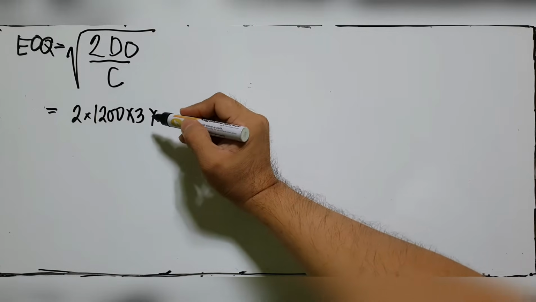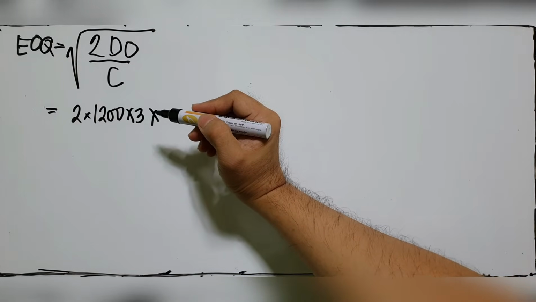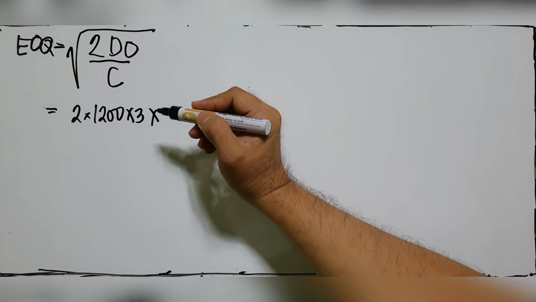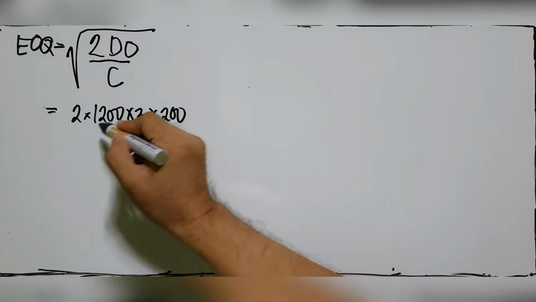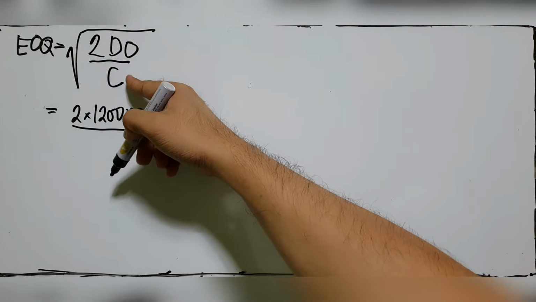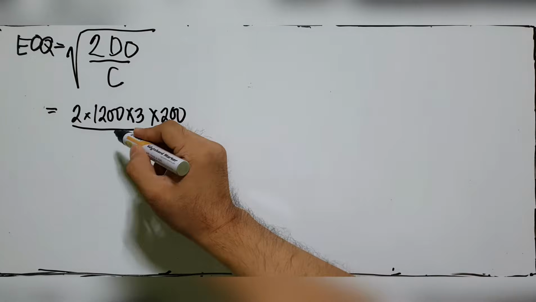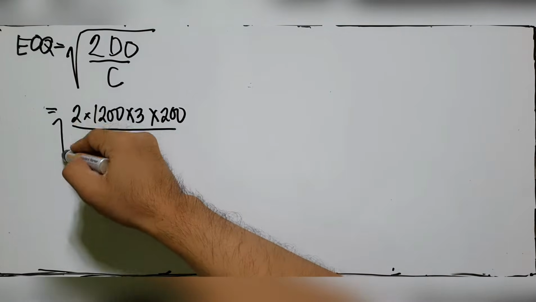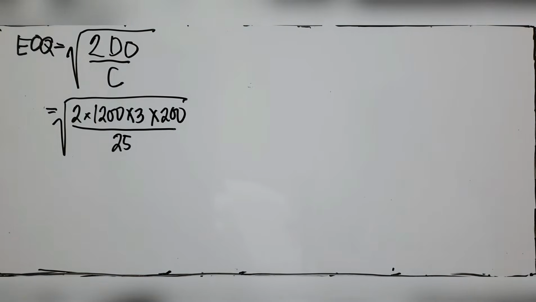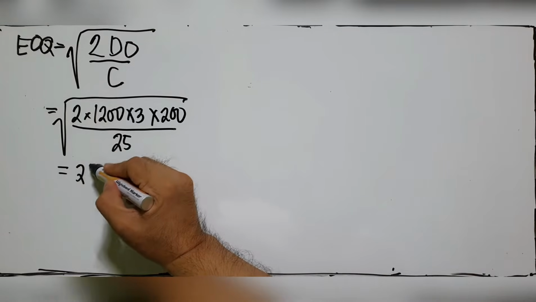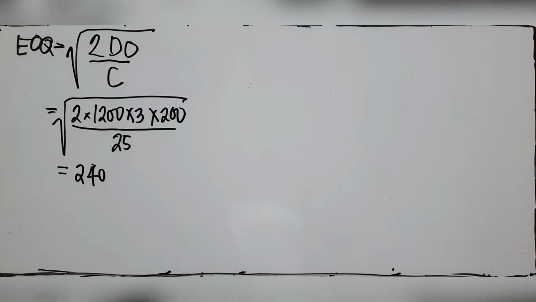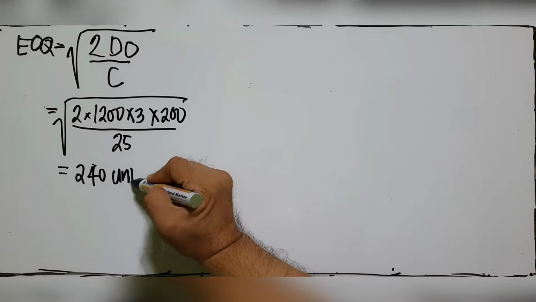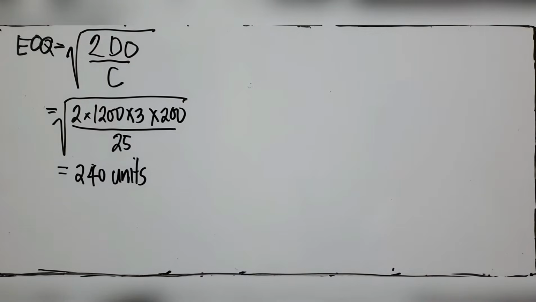And then, the ordering cost is, magkano ang ordering cost natin? That is 200. Okay? Over, yung carrying cost natin per unit ay 25. So, we are going to get the square root of that. So, the answer is 240 units. So, ibig sabihin, that is our EOQ or the size of order.